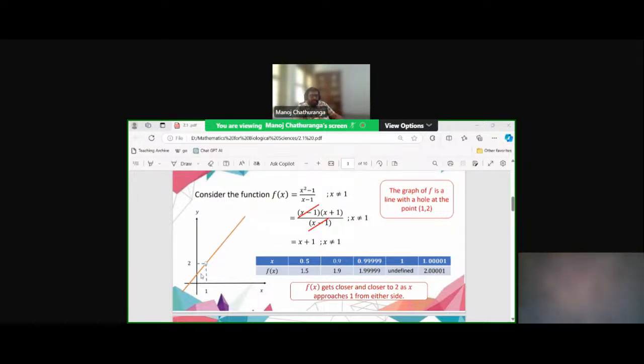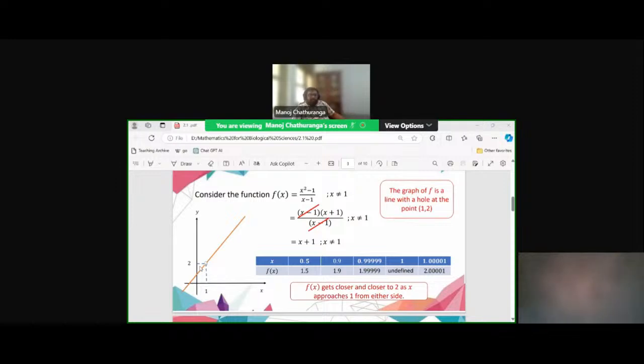Graph of y equals x plus 1 on the left hand side. This function is really nice, but initially we said x not equal 1, so we have to go with that. So this is nice, really nice, except at 1. Because at the very beginning we said x not equal 1. So we have to live with that.